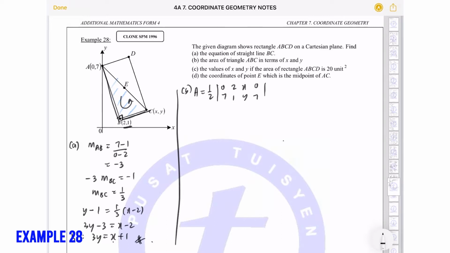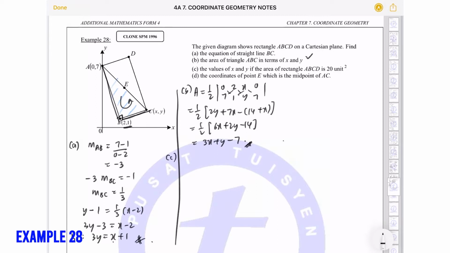Repeat the first point. So this is going to give us half. This is 0, 2y, 7x minus, this is 14 and x. If I simplify this, maybe I write x first. 7 minus 7 minus x is 6x. 2y minus 14. When you divide by 2, it is 3x plus y minus 7. Alright, there you go. That's your area of triangle ABC.